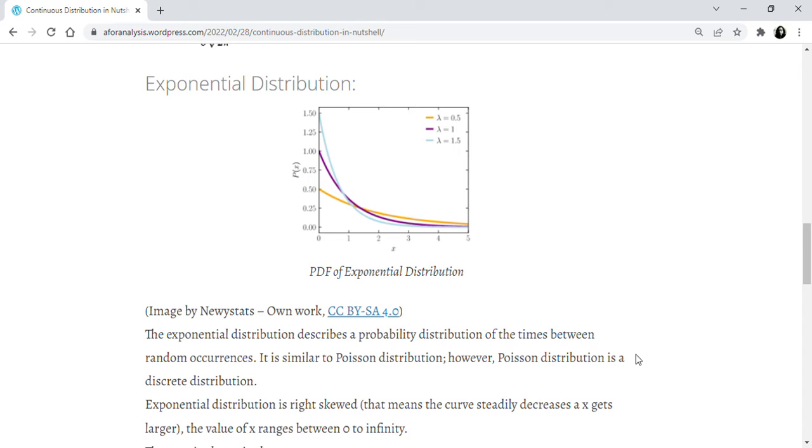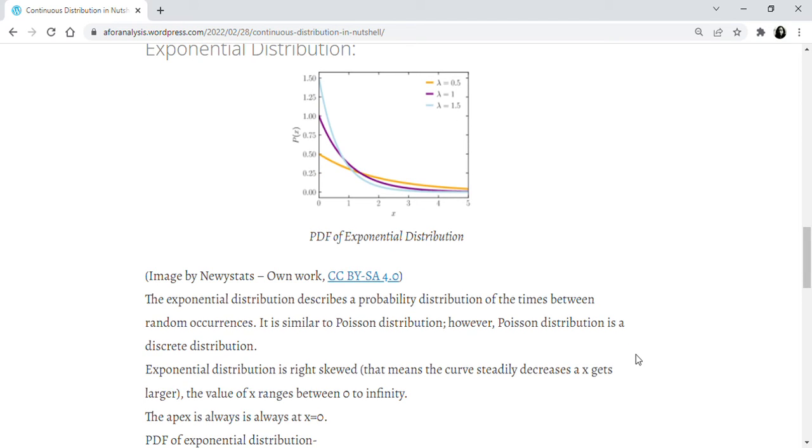However, the difference is that Poisson distribution is discrete in nature, whereas exponential distribution is of course constructed from a continuous random variable. Now exponential distribution is right skewed. As you can see here, it is peaking at x equal to 0 and it is exponentially decreasing towards the right side, or towards the direction where x is getting larger and larger.